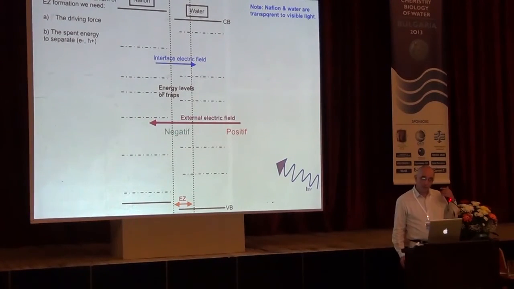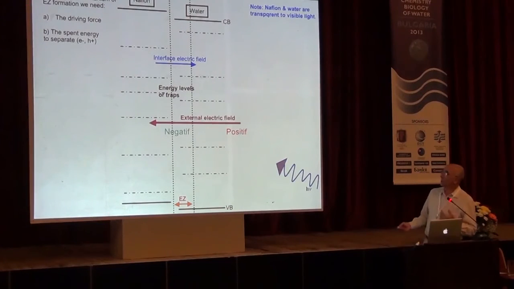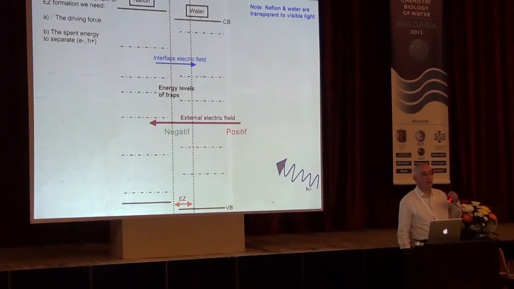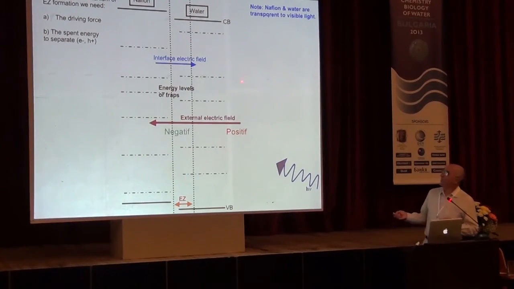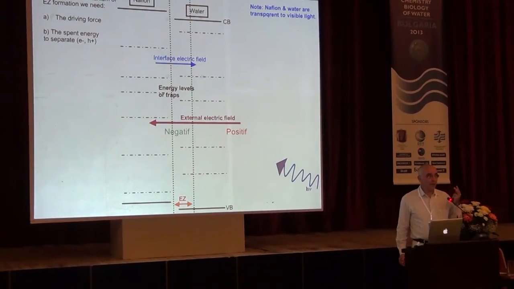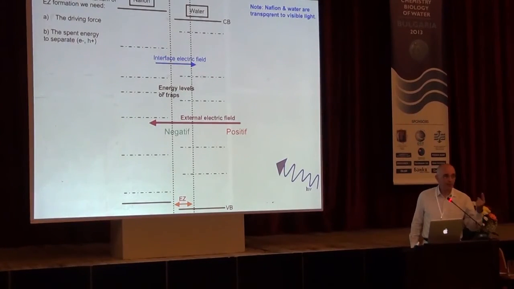And we have another problem. This is a picture of what we would like to have. But if water is going inside the nature, we are creating a second interface.